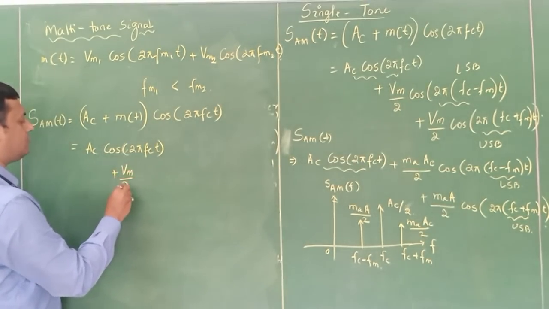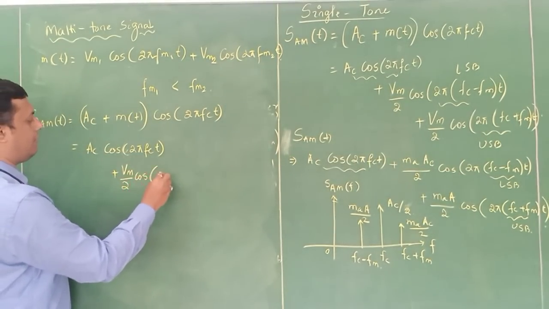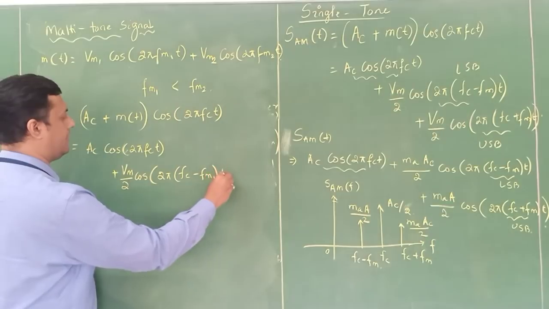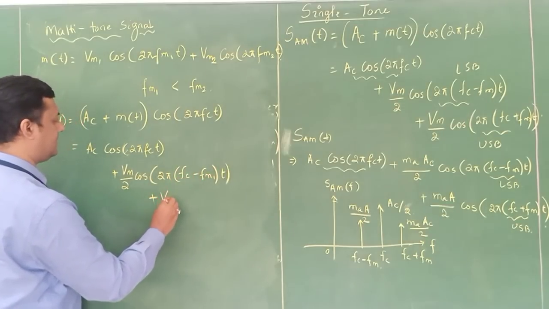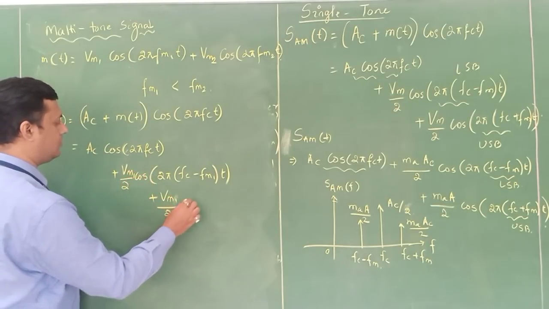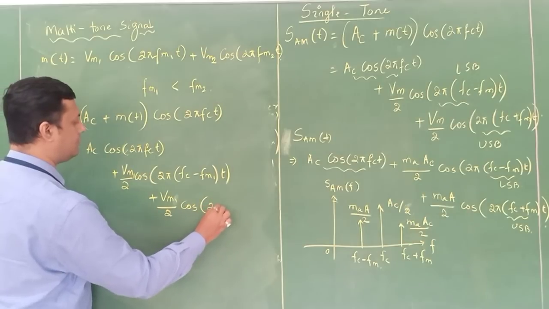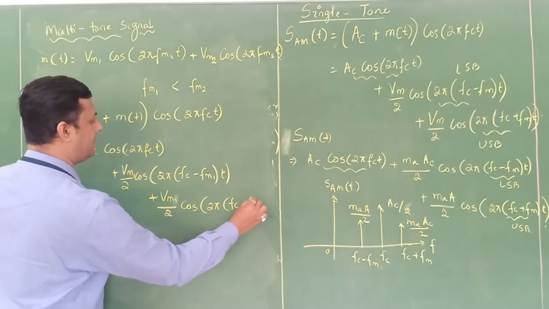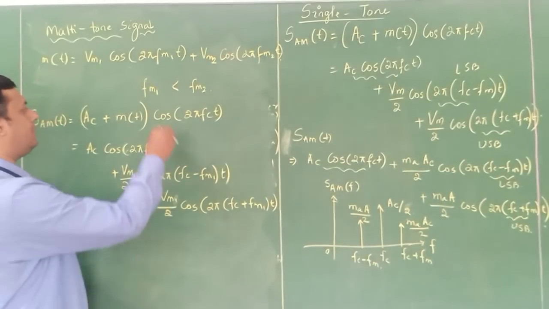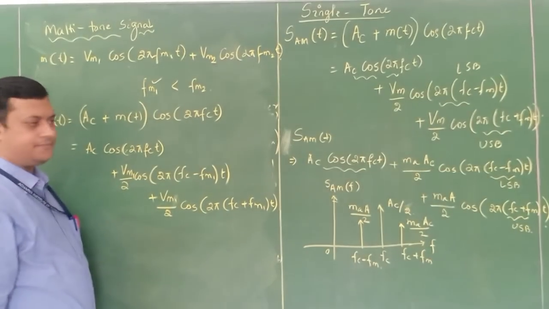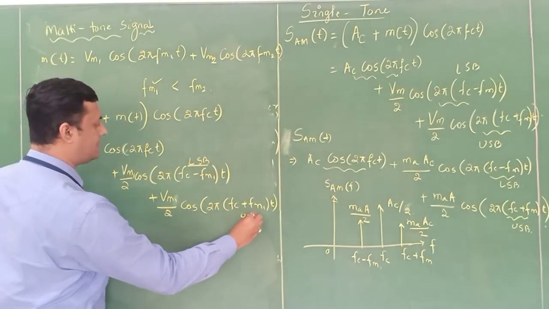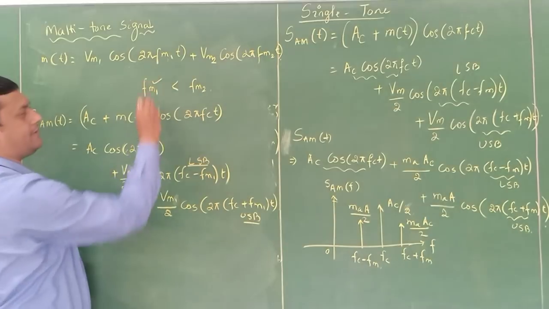It is Vm1 by 2 cos of 2 pi (Fc minus Fm1) t plus Vm1 divided by 2 cos of 2 pi (Fc plus Fm1) t. So these are the two sidebands corresponding to the modulating frequency F1. This is called the lower sideband and this is the upper sideband corresponding to this frequency component.